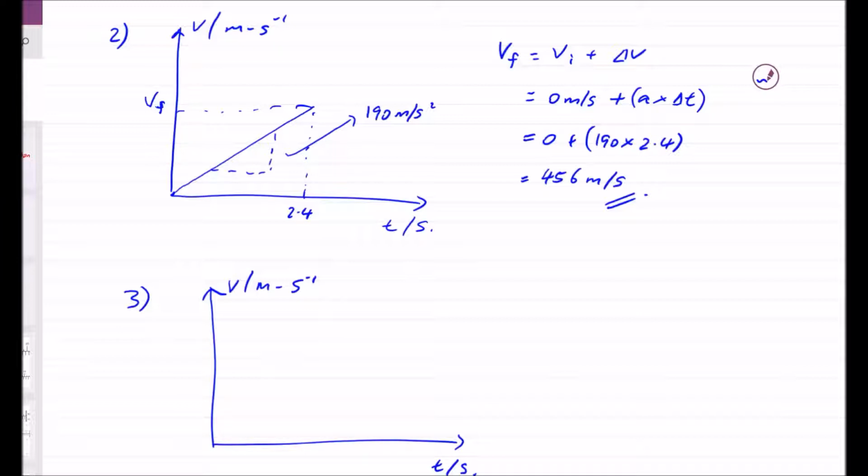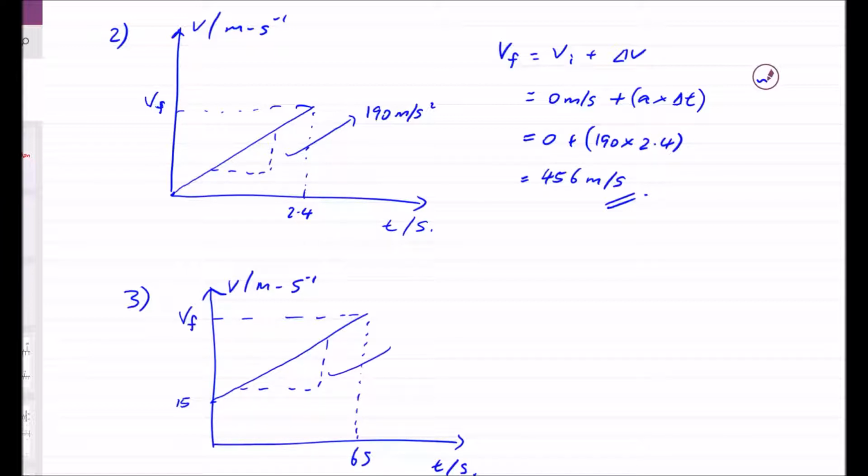So you'll start somewhere around here. Let's say this is 15 meters per second. And then it accelerates at a uniform rate for 6 seconds. So you go up a straight line because the acceleration is constant. This is the final velocity, which we wouldn't know, and we are supposed to find out.